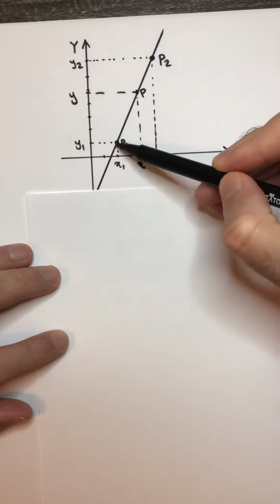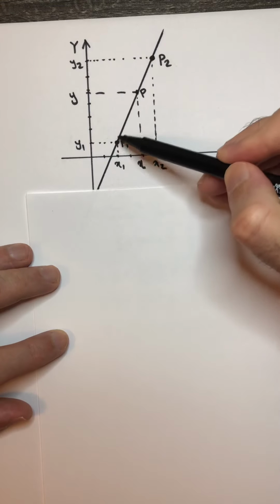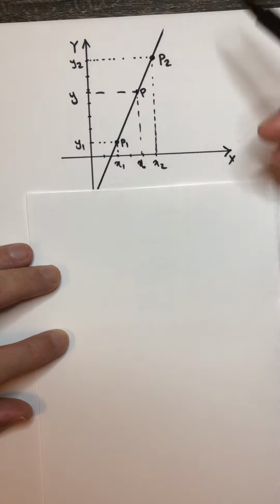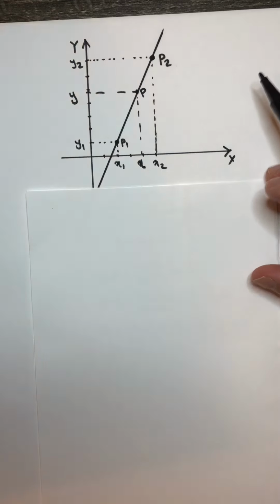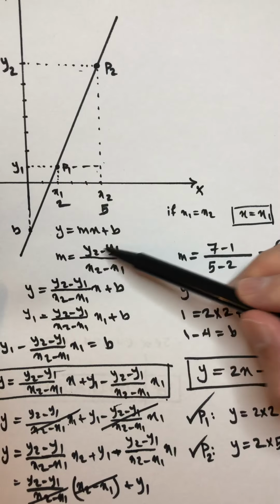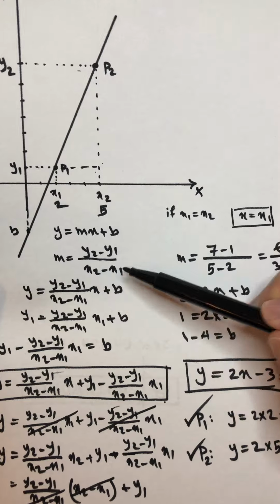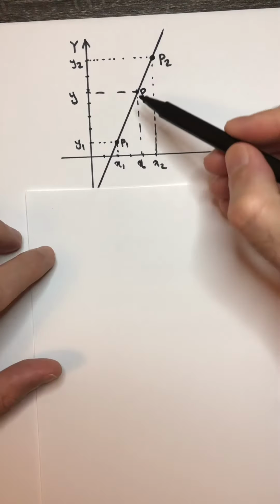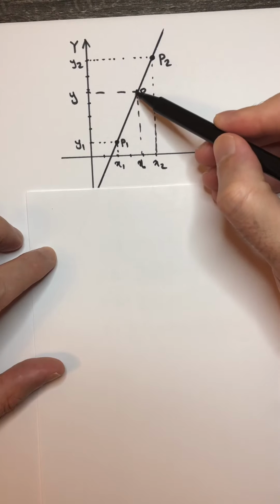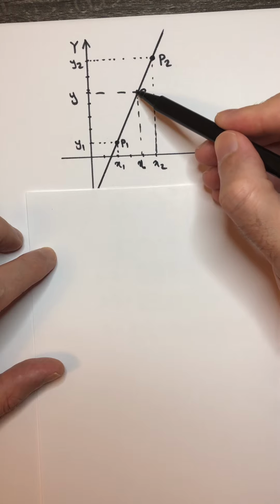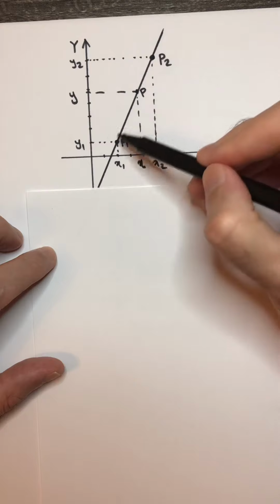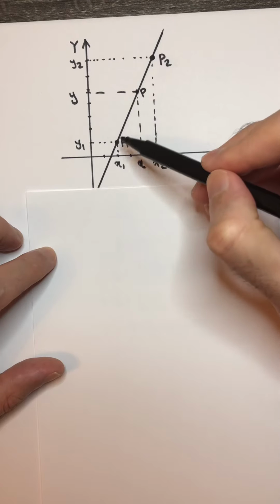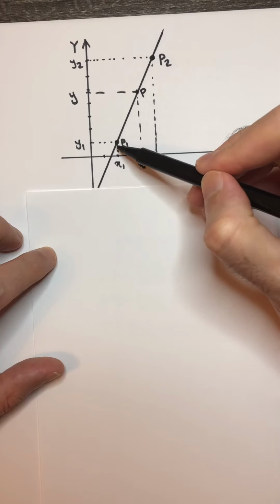One using the 2 points whose coordinates we know, which means using P1 and P2. We found this already. It is just y2 minus y1 divided by x2 minus x1. And then one time using the arbitrary point that we selected on the line, and one of the 2 points whose coordinates we know. So we can use just P1, for example.